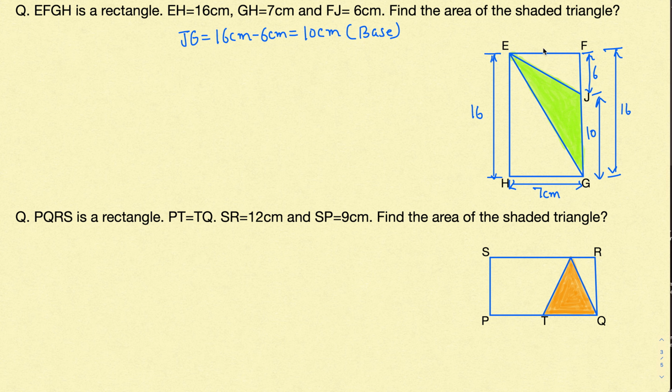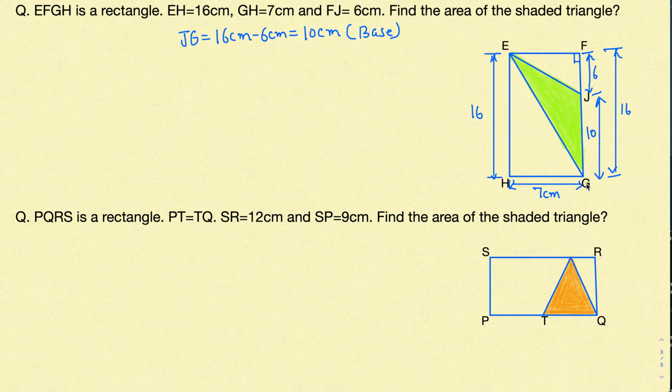Why? Because this is a rectangle. EFGH is a rectangle, and we know that in a rectangle the sides are always perpendicular to each other. So EF and FG are perpendicular to each other. So we can say that EF will be the height of the rectangle, and it is equal to how much?